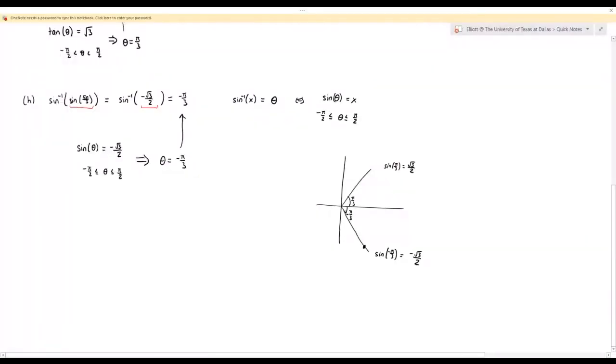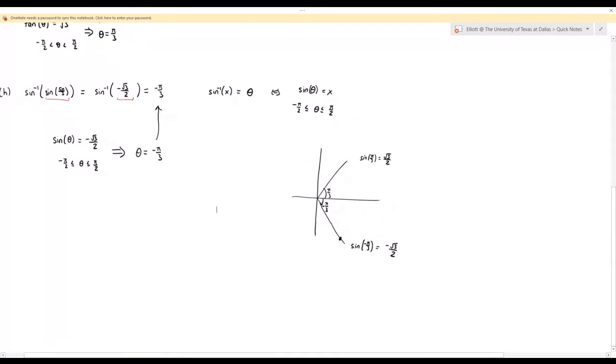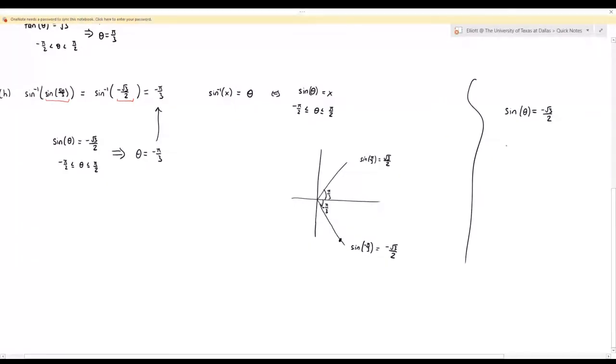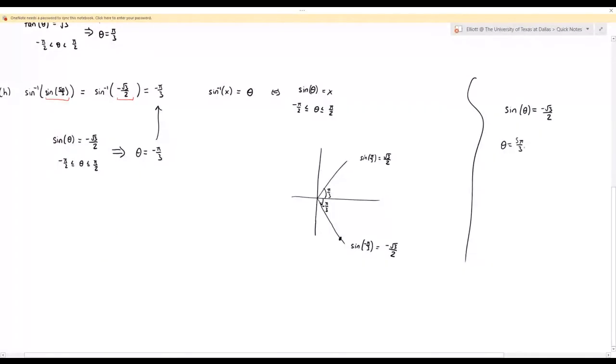But if there was no range, then 5 pi over 3 would be the answer? Well, okay, as a brief aside, if you were just looking at this equation, sine of theta equals minus root 3 over 2, and there's no restriction on the angle theta, then I guess 5 pi over 3 would be one solution, as well as negative pi over 3.